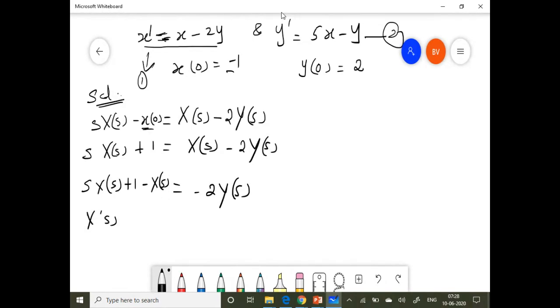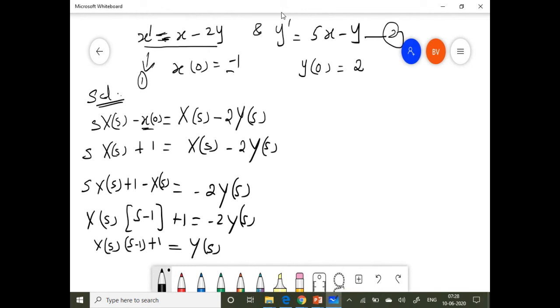Take x of s as a common variable on the left side, you will find s minus 1 plus 1 is equal to minus 2y of s. So what is y of s? X of s into s minus 1 plus 1 over -2. Remember this result, this is result A.